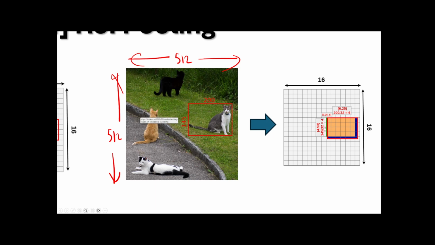But what is going to happen is you will quantize this. So this red will become the green region here, and the blue will be completely gone. Let me zoom out.